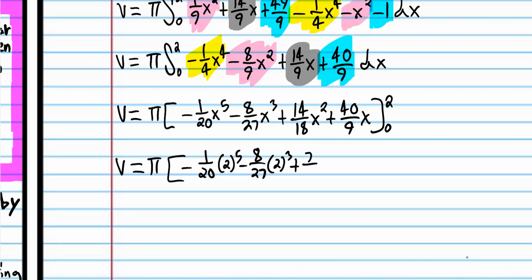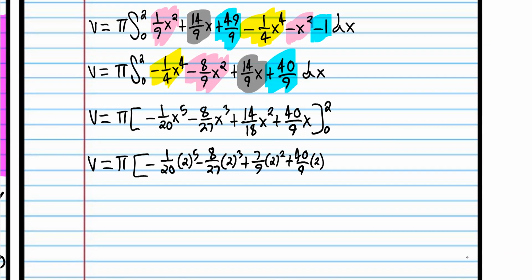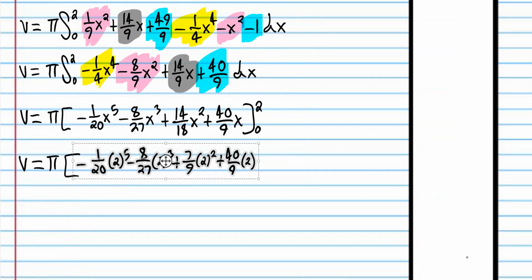I'm going to reduce that to 7 over 9. And then we're going to subtract the same thing with 0 plugged in. I'm just going to copy all that stuff.